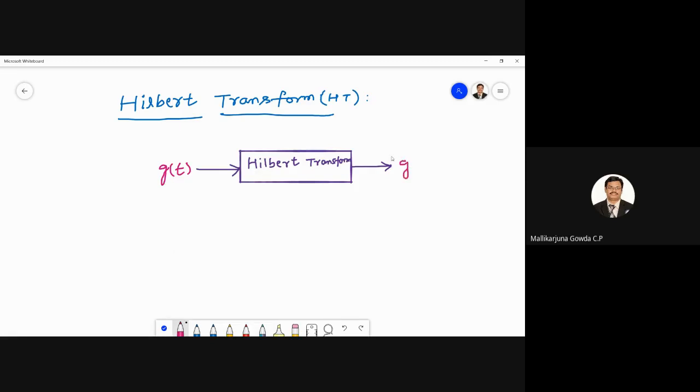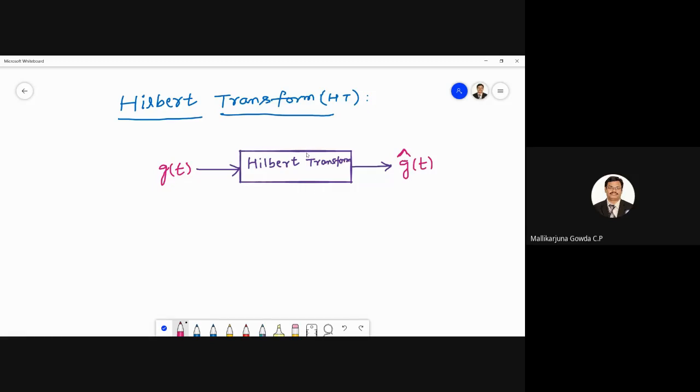I denote the Hilbert transform of a signal g of t by G cap of t.